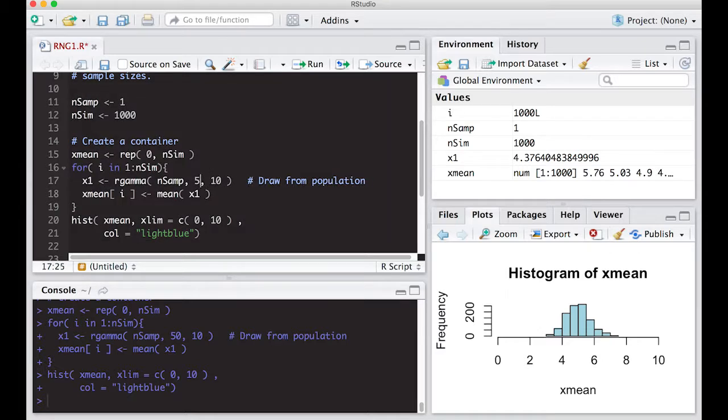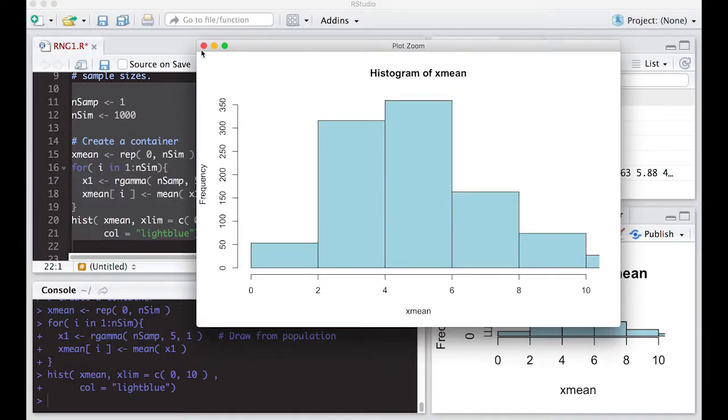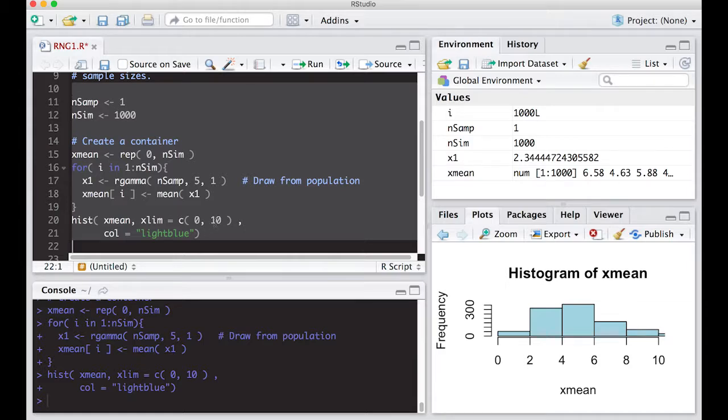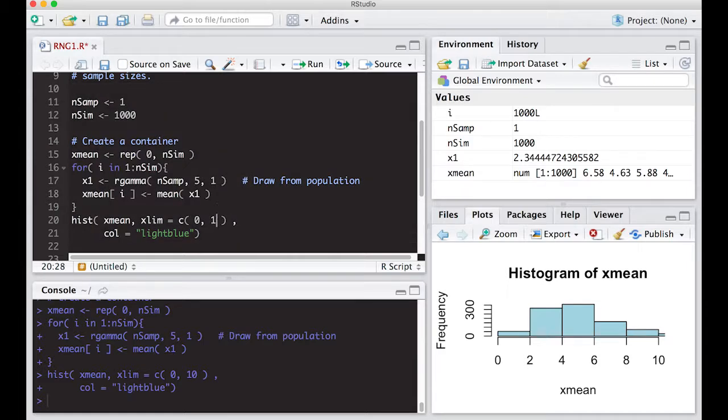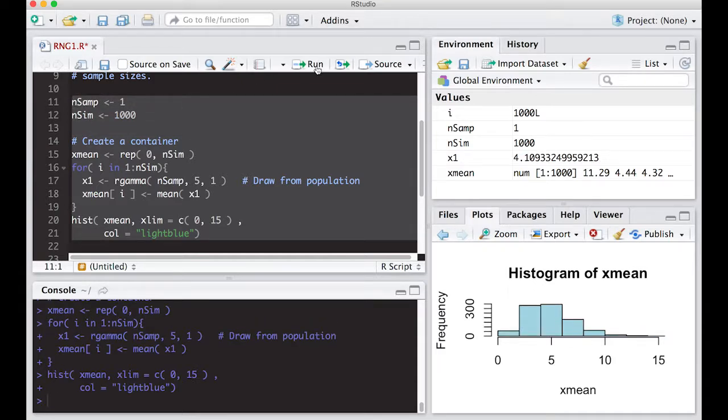How about if we did 5 and 1? To really change it up. What I'm trying to do here is give you a feel for what we can do with these distributions. Now we need to have it go back out to 15, but we're getting a much better, fatter picture here. So let's have this go out to 15, and we'll run this just to see what we get.